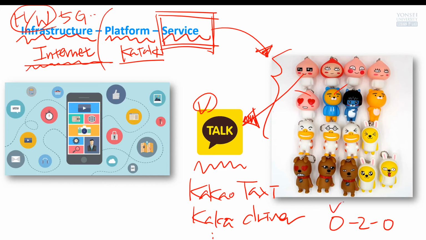KakaoTalk is online, and delivery, taxi, and drivers are all doing something offline. So, online to offline services. Representatively, KakaoTalk enabled many additional services, and it helps a lot of people, including someone like me, and probably you too.